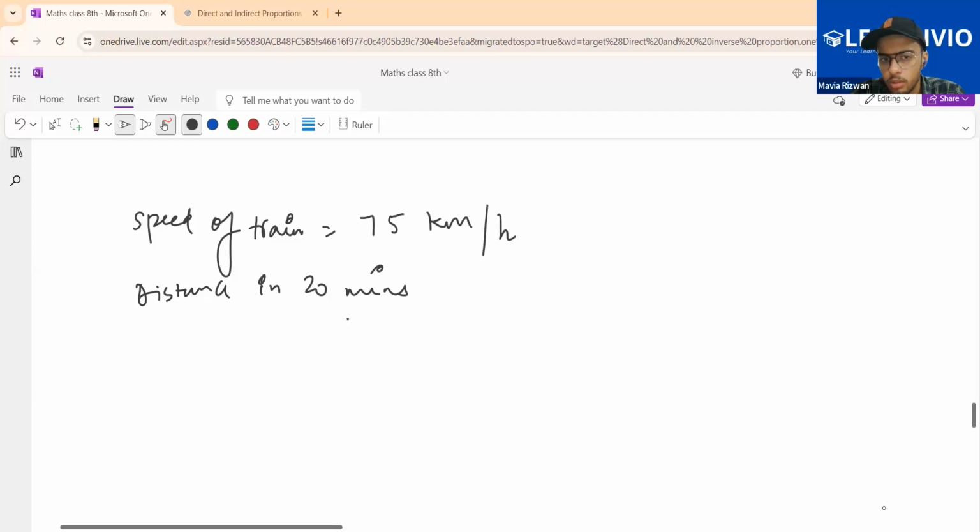The rate at which an object moves. Okay, rate at which an object moves, correct? So speed is the rate at which an object moves. That is totally correct. So we can say speed is distance traveled per unit time.